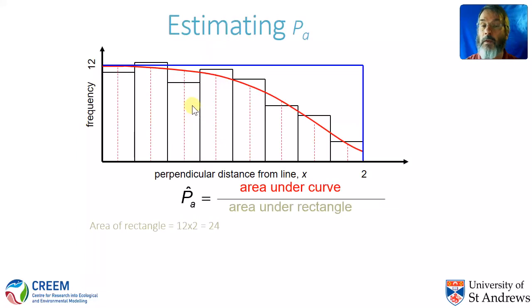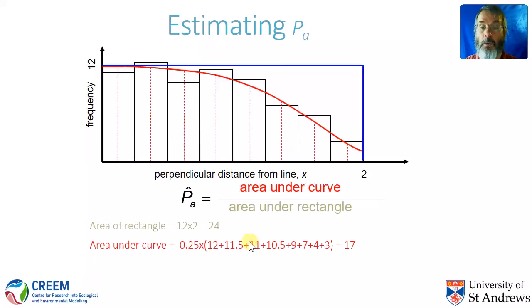And so the key to coming up with a good estimate of this quantity P sub A is the nature of the histogram of perpendicular distances. And so it's critical that those data are recorded well. And I'll talk to you about how to go about collecting data such as that in the next video.